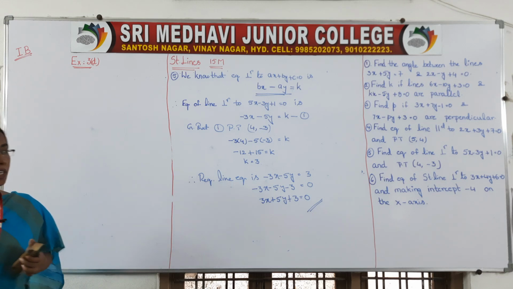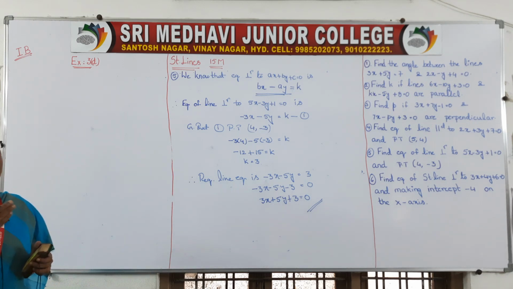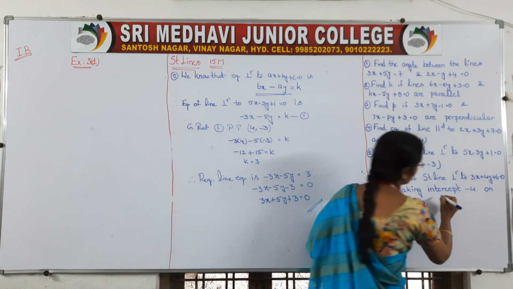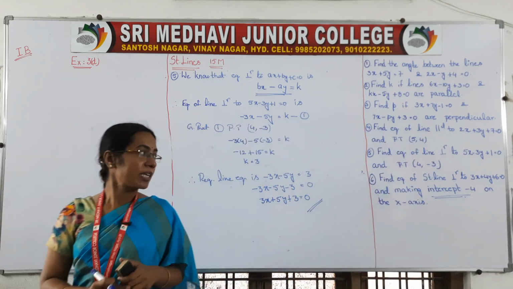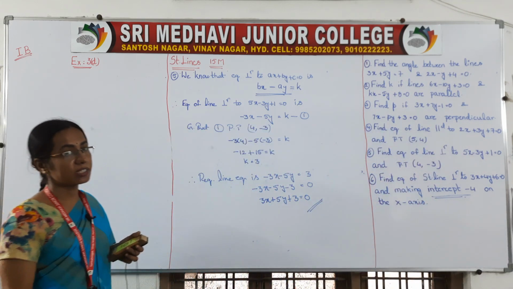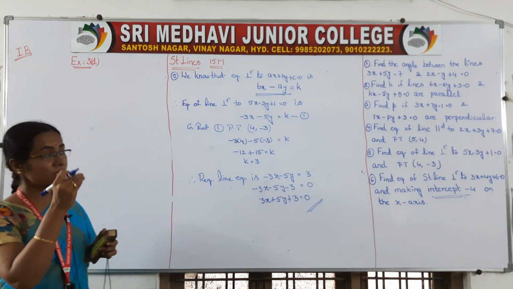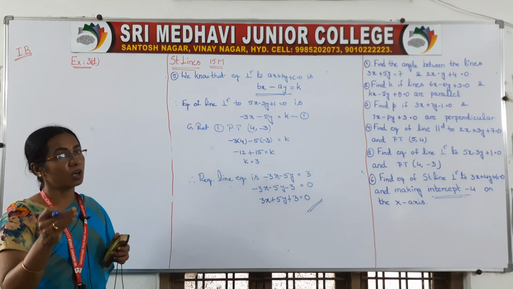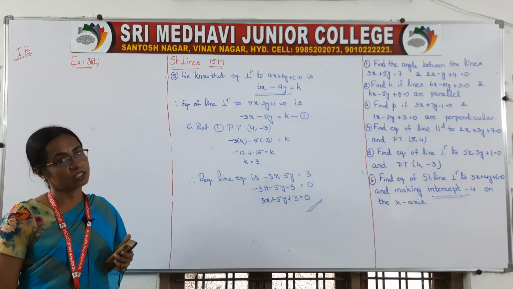So first you take the line which is perpendicular to that line and convert it into intercept form. Why we have to convert it into intercept form: in the question it is given that the intercept is minus 4. In any question, if intercept information is given to you, you have to convert the problem into intercept form. Then you take the given situation.